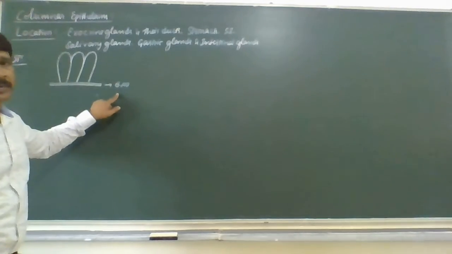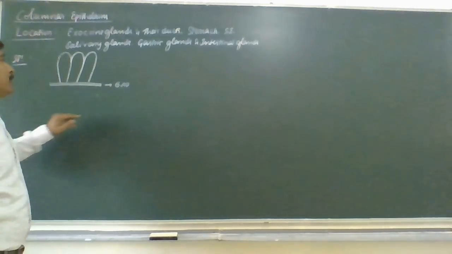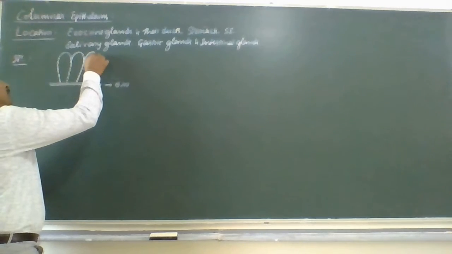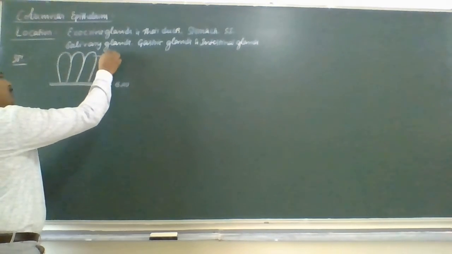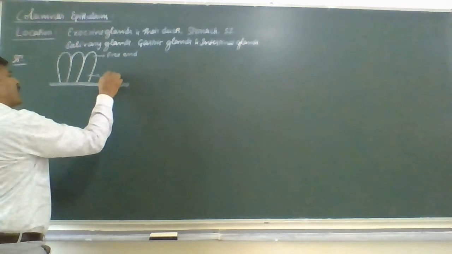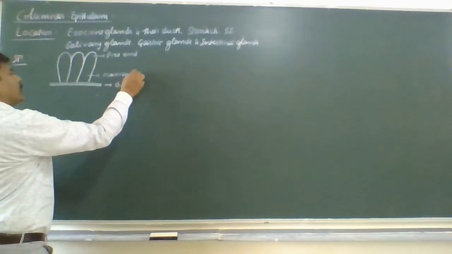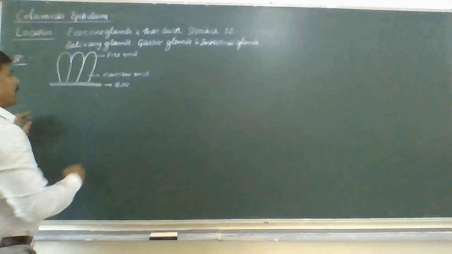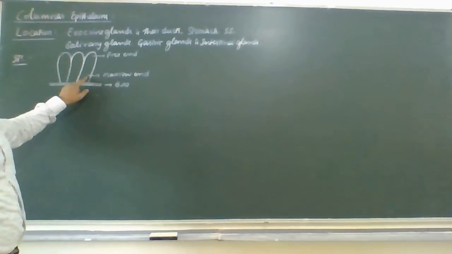This is the basement membrane. Here, each cell has a broad free end and a basal narrow end.